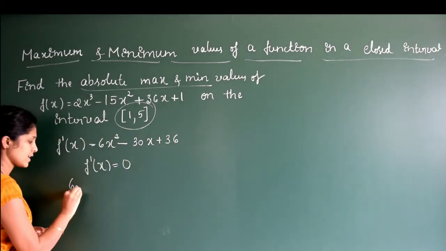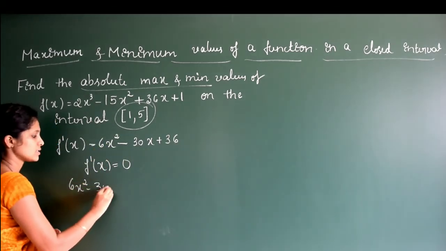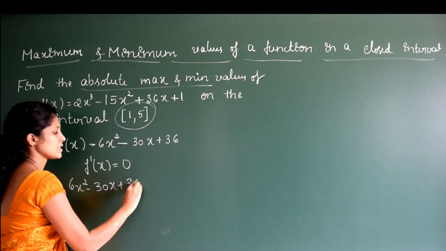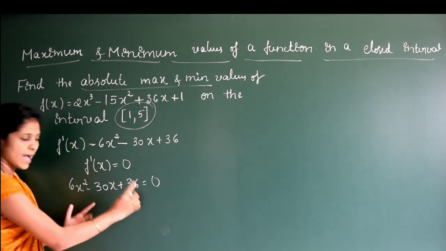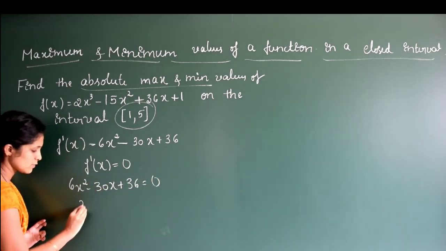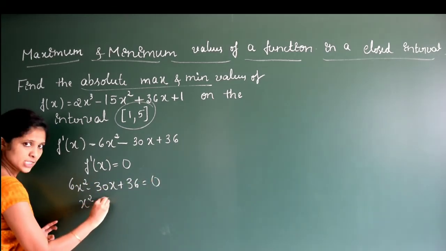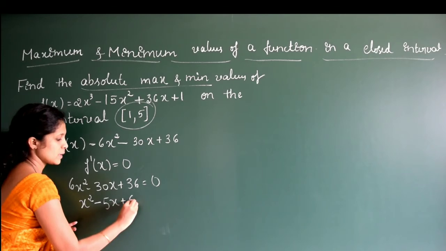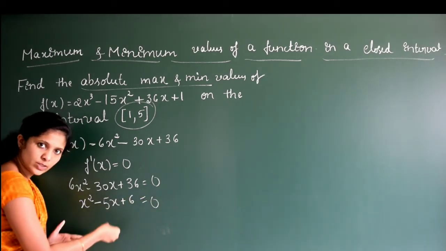So f dash of x will be equal to 0. This I can write as 6x square minus 30x plus 36 is equal to 0. I can take 6 common, so this will be x square minus 5x plus 6 equal to 0. We got the quadratic equation.